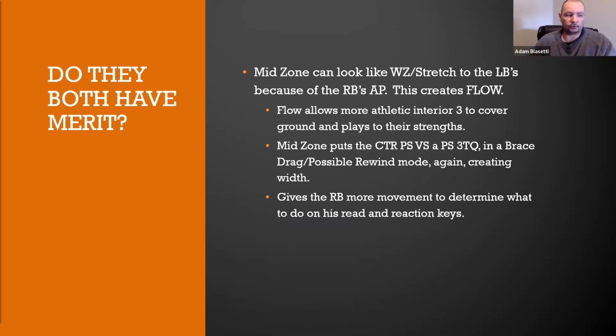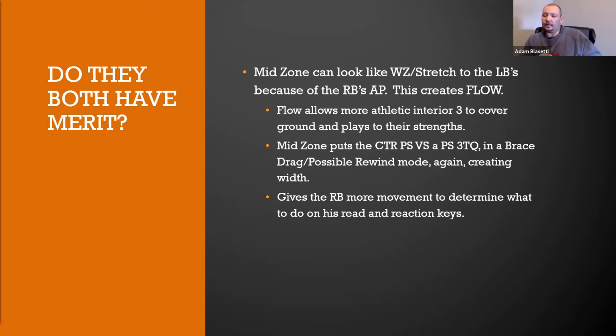Although this is pure zone and his eyes and hips are basically committed to the front side in case we get a 3-tech spike or the mic comes down into the A gap, he's committing his body to the backside 2-eye. Again, that creates downhill flow for both the interior D linemen as well as the linebackers.